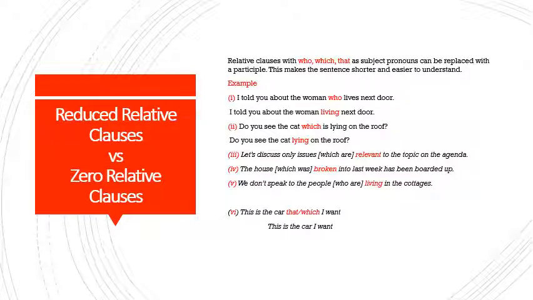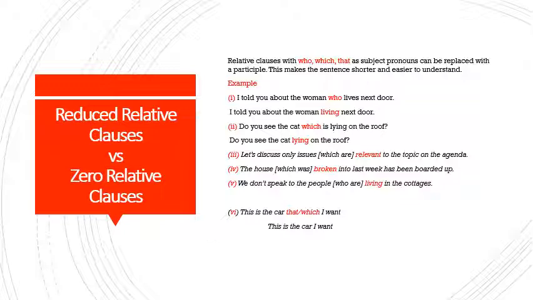Here we have a verb, but if you compare 6 with the other examples 1 through 5, whenever we delete the relative pronoun, we either have a past participle, like the house broken into last week has been boarded up. No verb here. Okay, the same for do you see the cat lying on the roof, and so on and so forth.